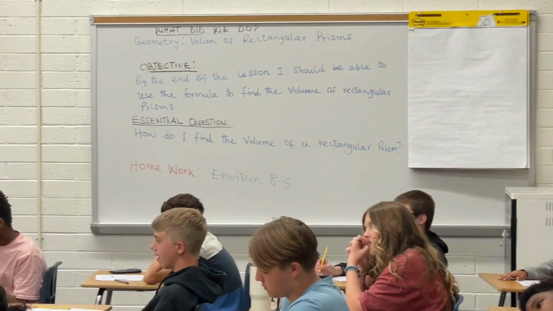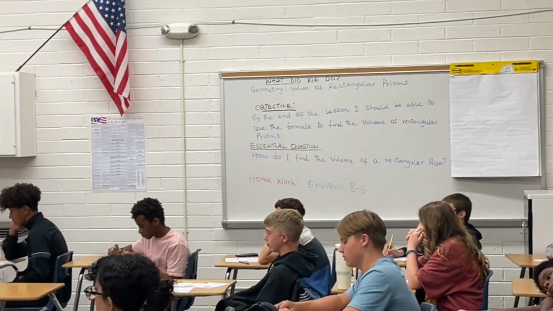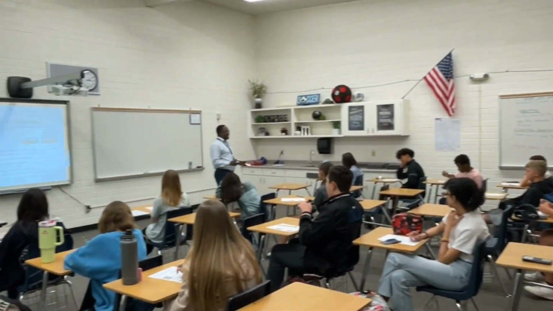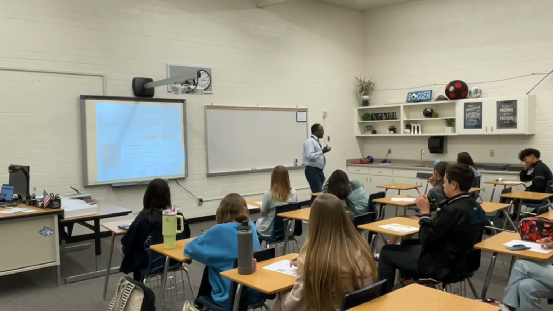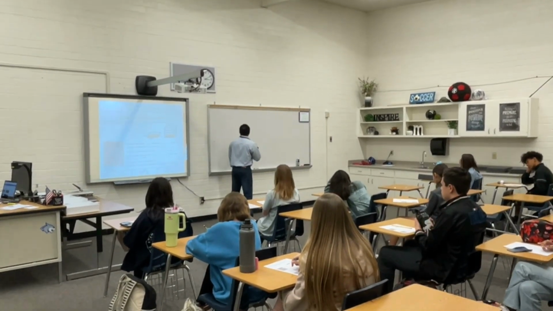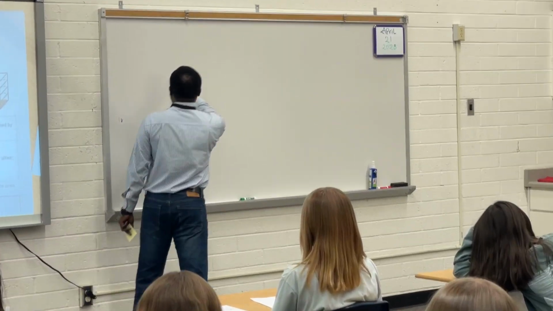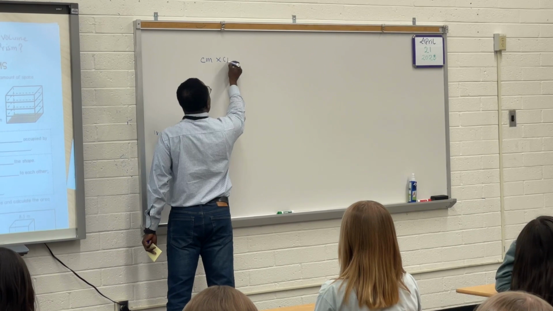Good. Now, before we do that, if you may remember, when we were learning how to find the area of geometric figures, for example the square, we were using units like centimeter times centimeter.